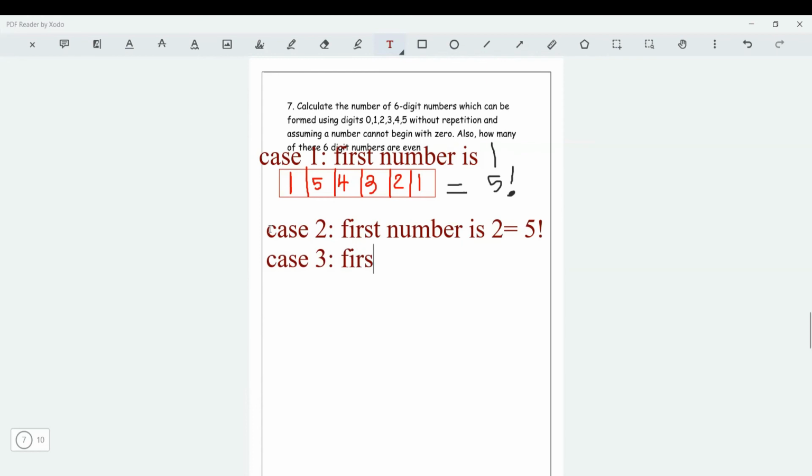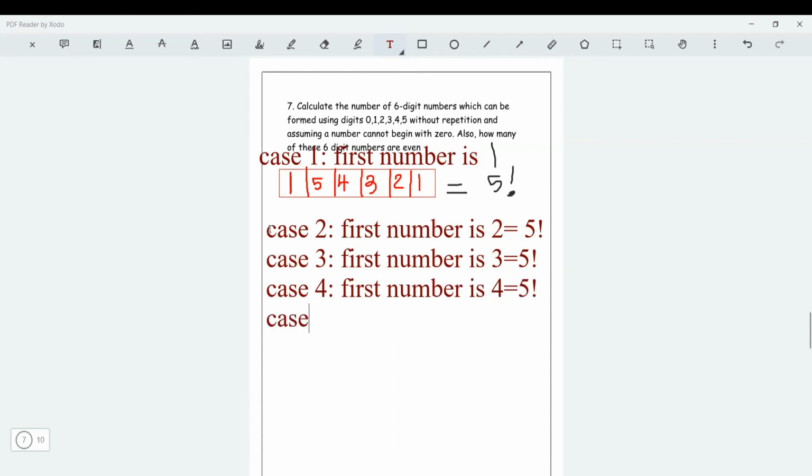Then case 4, if the first number is 4, that's still 5 factorial ways. And then case 5, if the first number is 5, that's still 5 factorial ways.